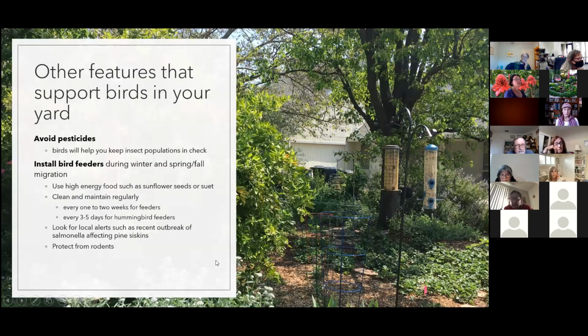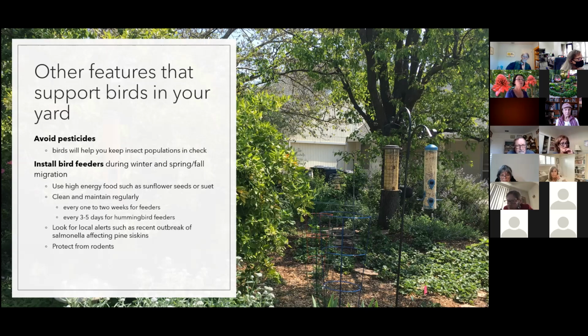Other features that help support birds and other wildlife in your yard is, avoid pesticides whenever you can. Those birds and other native species will help you keep those insect populations in check. And then bird feeders are a great way to attract birds to your yard. It's most important during the winter or in the spring and fall migration.